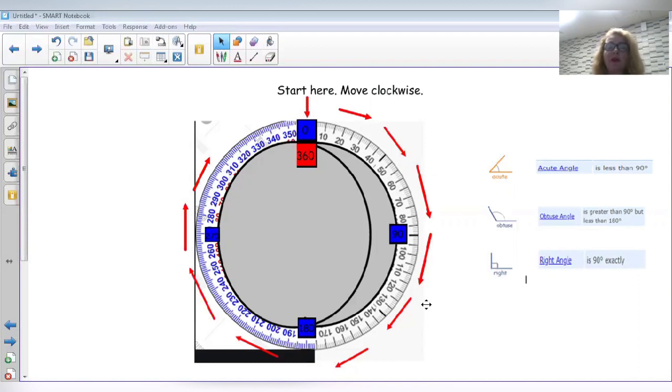And then if you look between the 9 o'clock and back up to the 12 o'clock, that's the same as between 270 degrees and 360 degrees. So if you counted it out, 270, 280, 290, 300, 310, 320, 330, 340, 350, and finally back to 360 degrees. So that's one thing that you need to be thinking about today, because in activity 1, you need to draw your own circle.